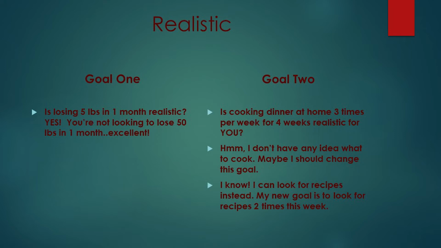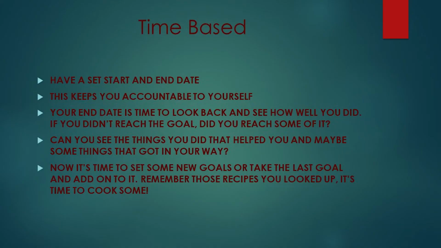The other thing is, we're going to make sure that we've got our start point and our end point, and we're going to make ourselves accountable for what we've done, what we've accomplished. So as you're going through and you're weighing yourself, I'll weigh myself every Saturday. I'll start this Saturday and I'll do it the next 3 Saturdays.